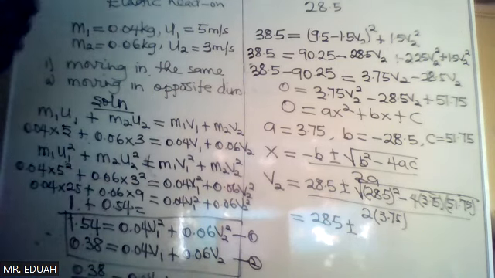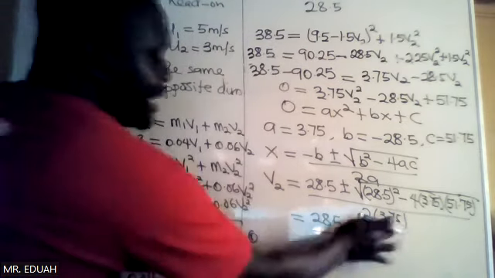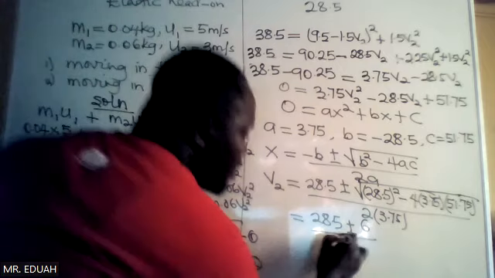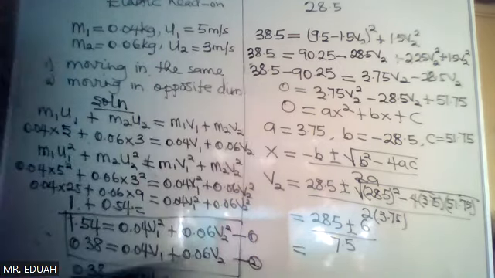6. So 6 divided by the denominator, two times 3.75, which is 7.5. So we'll have 2 answers for V2.